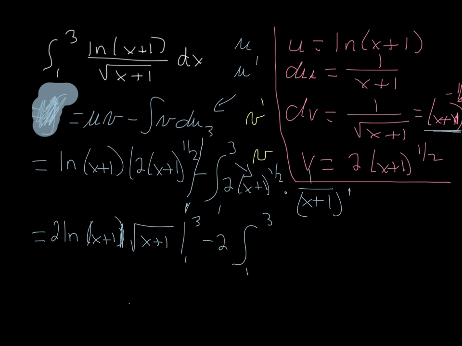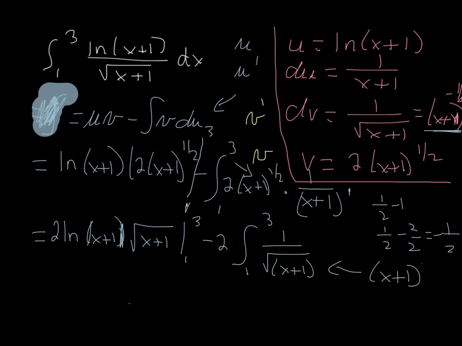I just subtract the exponents, so 1/2 minus 1 is the same as 1/2 minus 2 over 2, so I get negative 1/2 for the new exponent, and so that's really 1 over the square root of x plus 1, or another way to write that, which will make it easier to integrate, is x plus 1 to the minus 1/2 dx, okay?